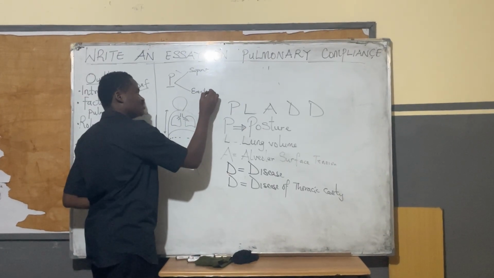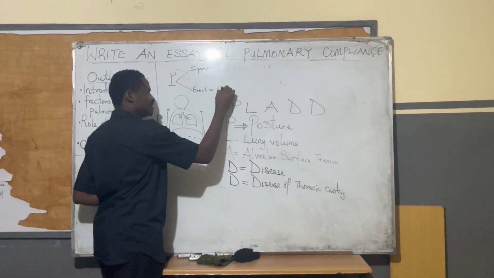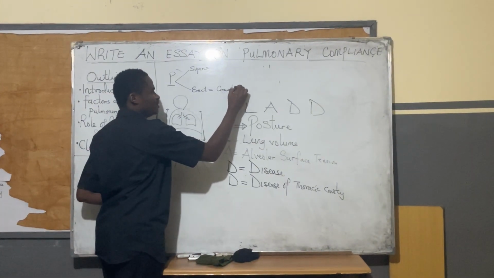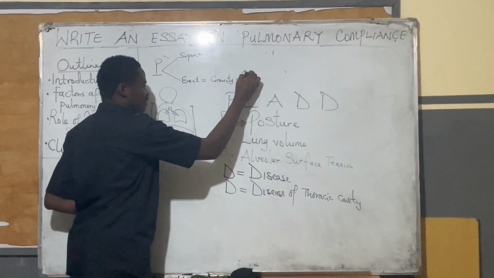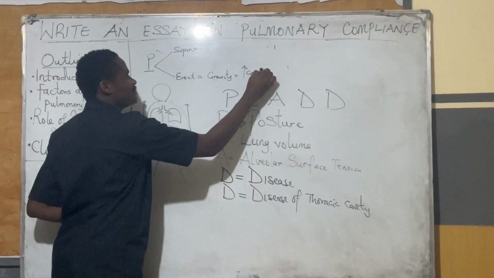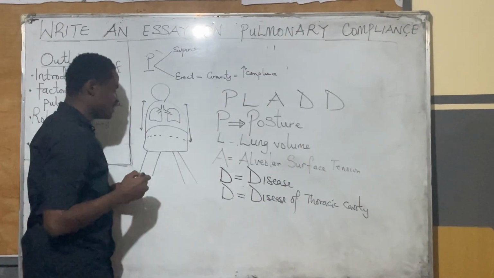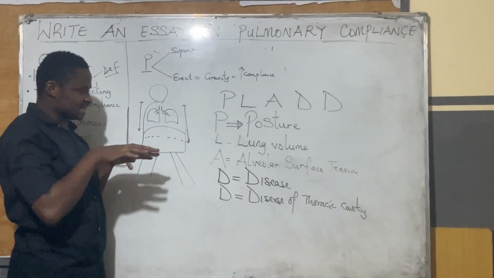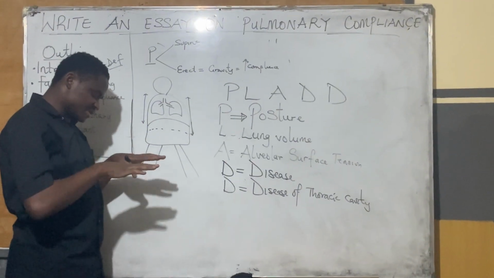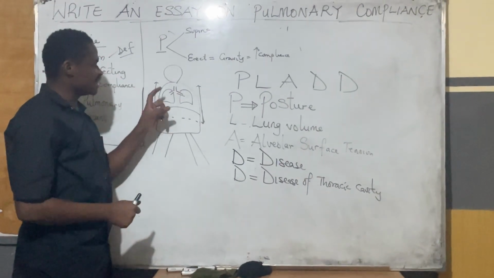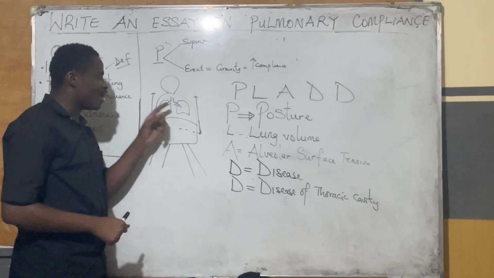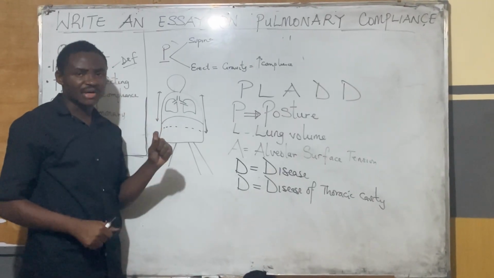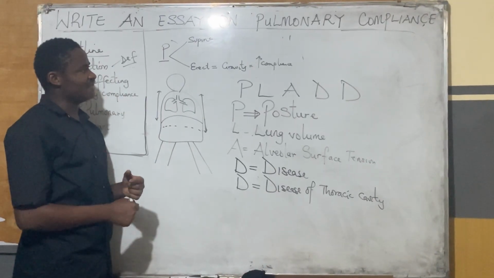So in the erect posture, due to gravity, the diaphragm pulls down, and this increases the diameter of the thoracic cavity.